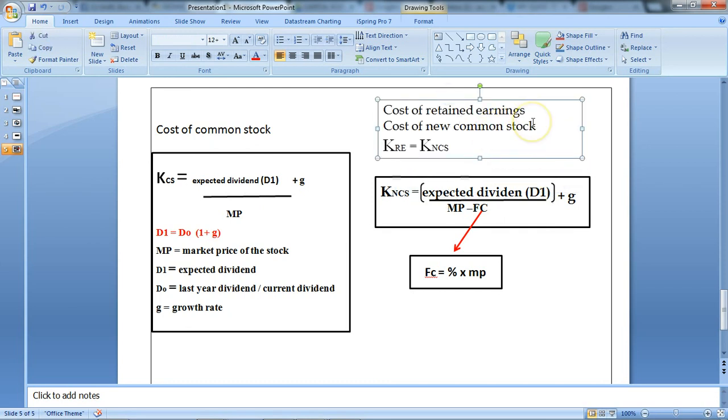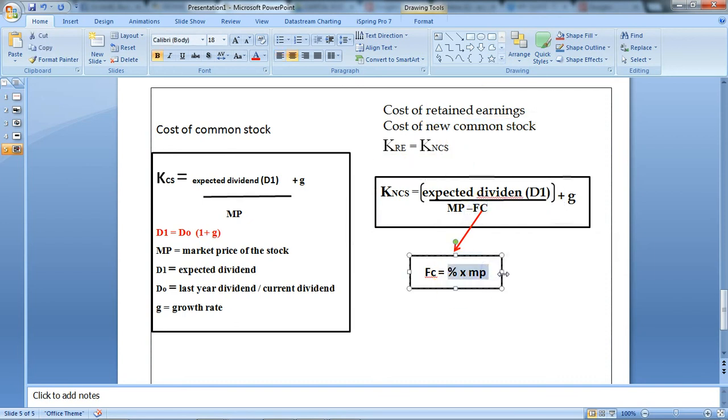If the question asks you to calculate the cost of new common stock, you can use this for both the cost of retained earnings and the cost of new common stock. Actually it's the same formula and you can use the same information. However, for the cost of common stock, your FC will be 0. However, in the cost of new common stock, your FC you need to calculate as a percentage of the market price.